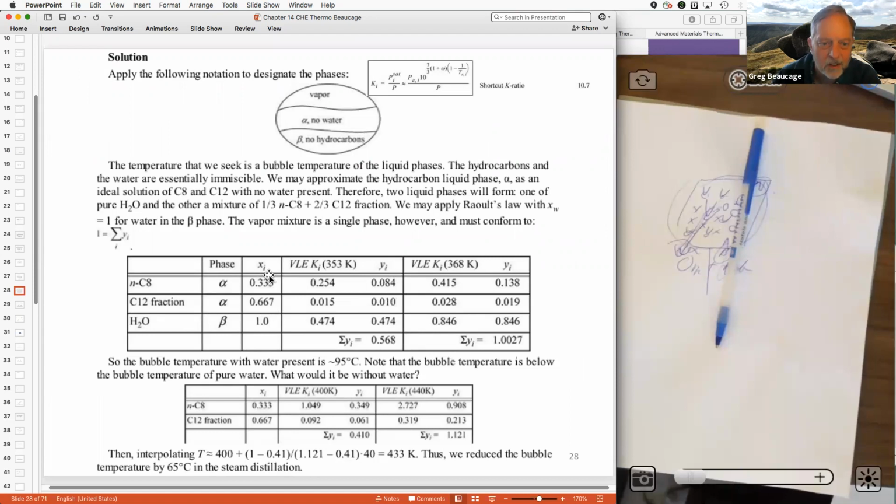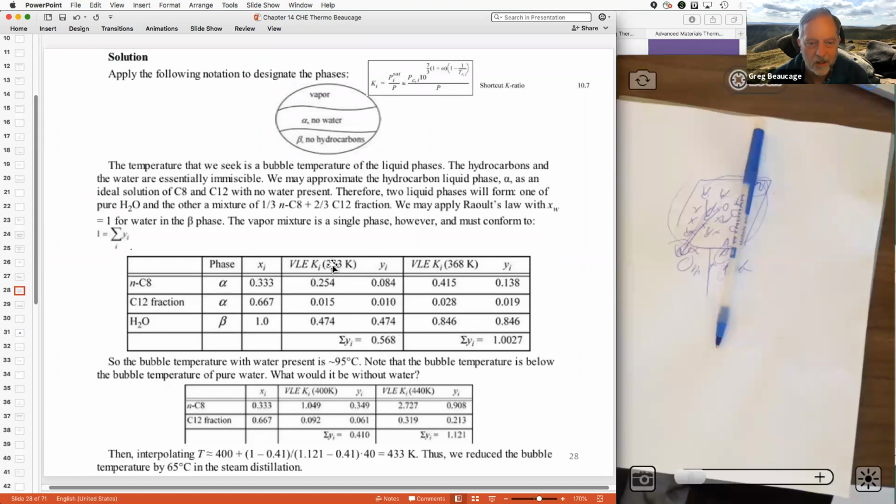So first thing, you use the K ratios, and then you can calculate the y compositions from that, right? Because K is going to be y over x. You find out that the sum of y isn't 1, right?